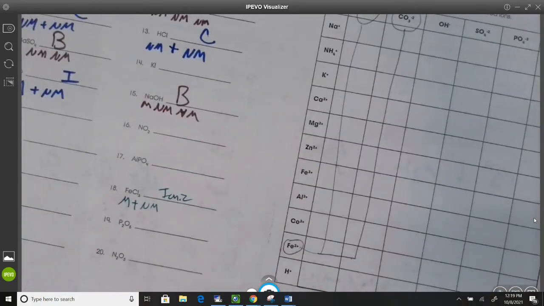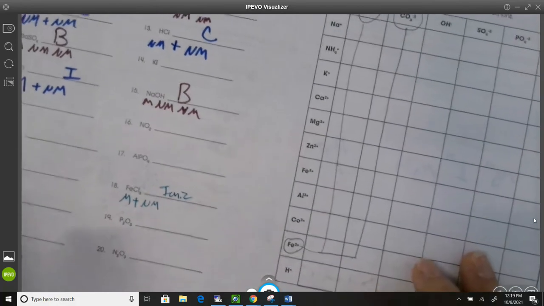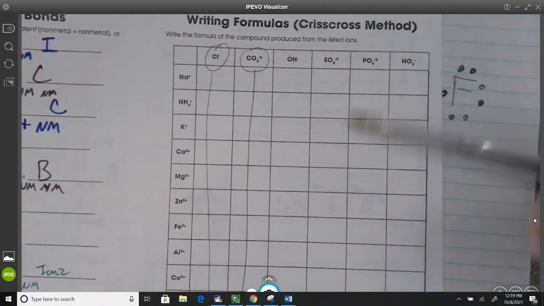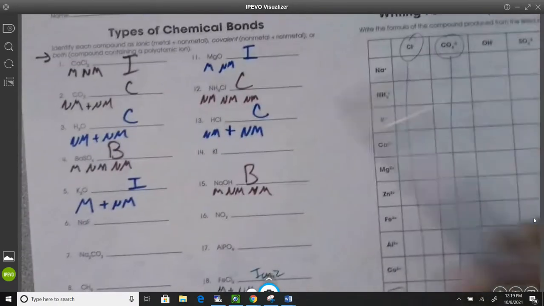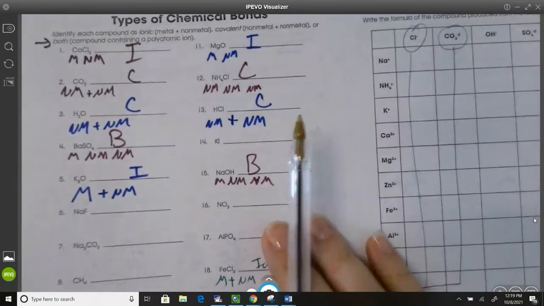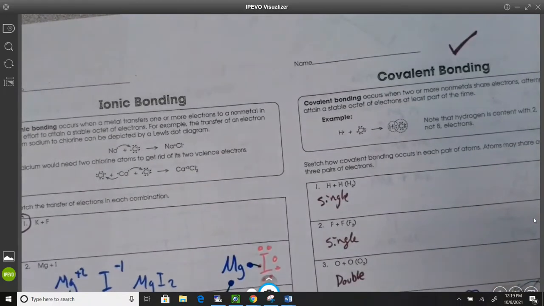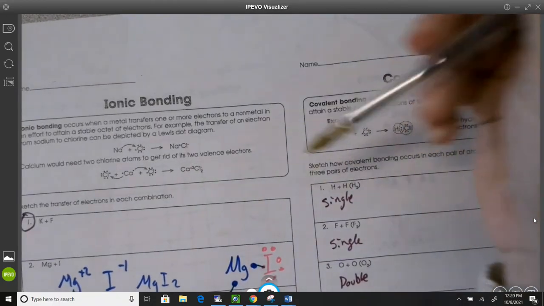So for today, the only thing I would really like for you to do is I would really like for this section to be complete. I would like for this section to be complete as well. Your ionic bonding and covalent bonding, we're not going to get into much more.